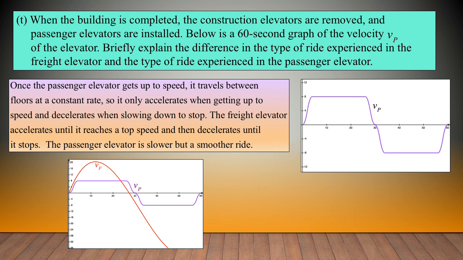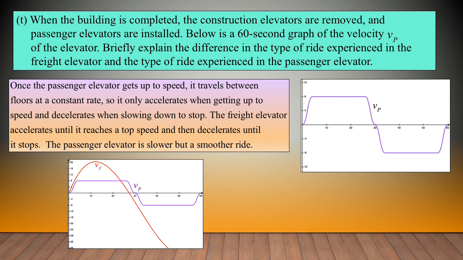We look at the passenger elevator in purple and we see that once it gets up to speed, it travels between floors at a constant rate. So it only accelerates when getting up to speed and decelerates when slowing down to stop. The freight elevator accelerates until it reaches a top speed and then decelerates until it stops. It also, when it goes down, does the same exact thing.